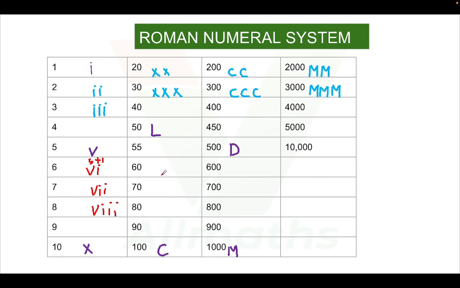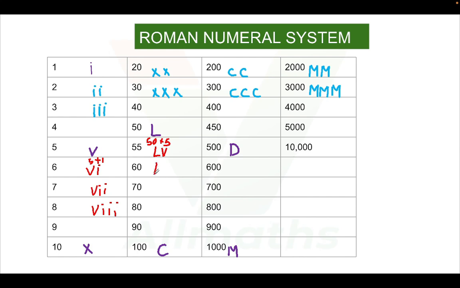For L, you can have L and a smaller number V. L is 50, remember that, and V is 5. Yes, you're following me. Added together, you have 55.